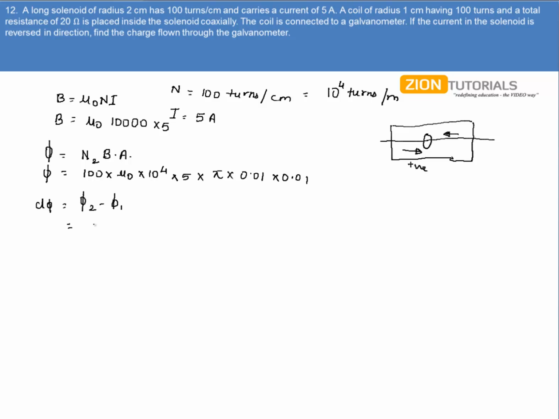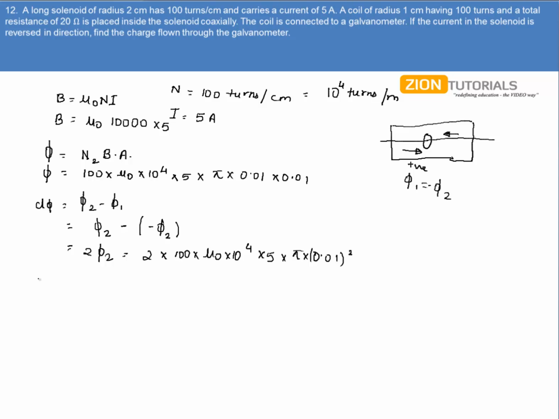So phi 2 will be positive and phi 1 will be equal to phi 2 but with a negative sign, because the direction is reversed. So phi 1 can be written as minus of phi 2. The change is equal to 2 times phi 2, that is 2 times 100 into mu naught into 10 to the power 4 into 5 into pi into 0.01 whole square.